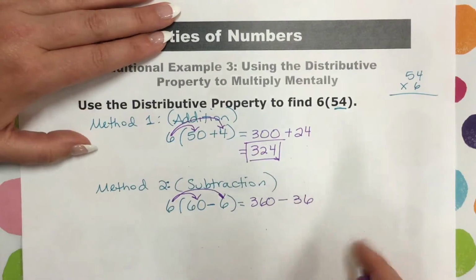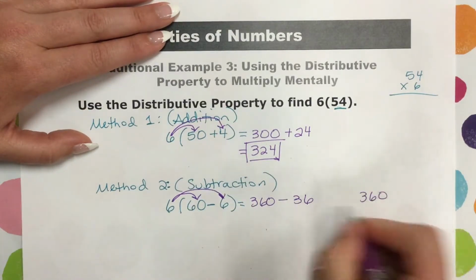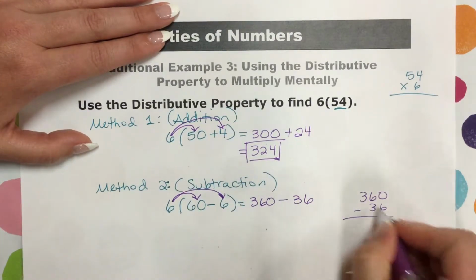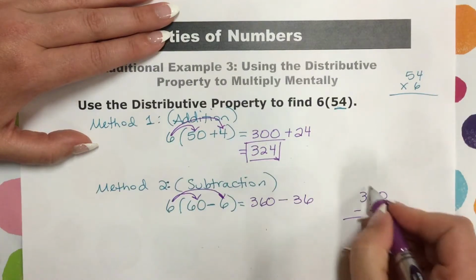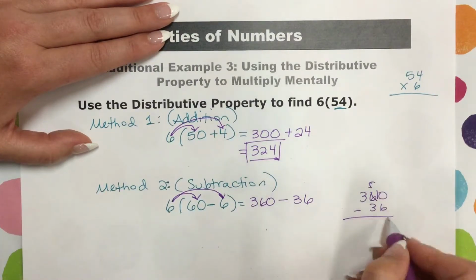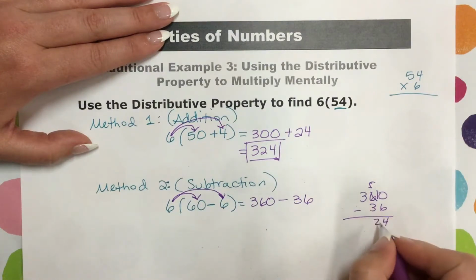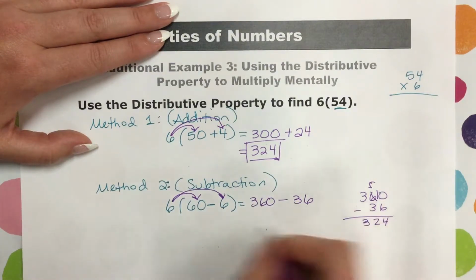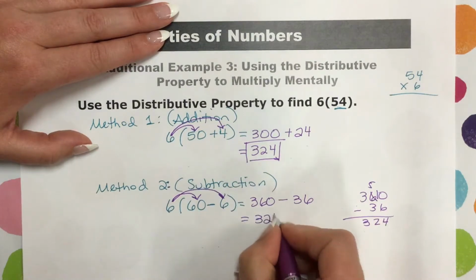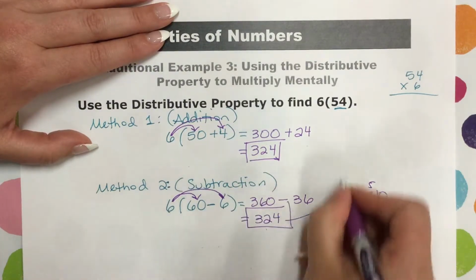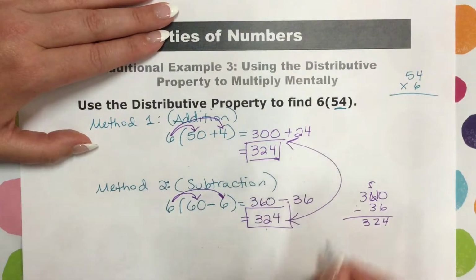So now I'm just going to go off to the side and do this little subtraction problem. 360 minus 36. I have to borrow from the 6, make that a 5. 10 minus 6 is 4. 5 minus 3 is 2, and 3. So that ends up being 324, which is exactly the same answer as we got before.